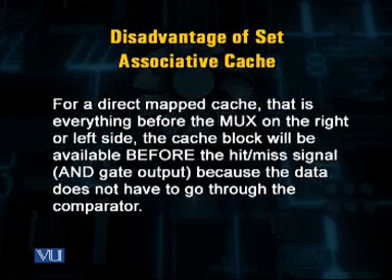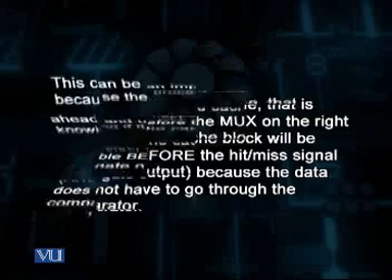However, as you can see here, for direct map cache, that is everything before the multiplexer on the right or the left, the cache block will be available before the hit or miss signal, because the data does not have to go through the comparator.